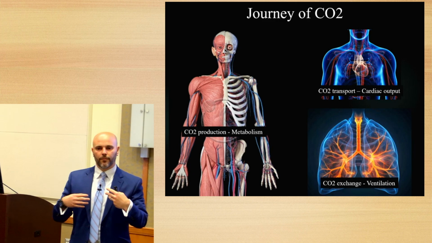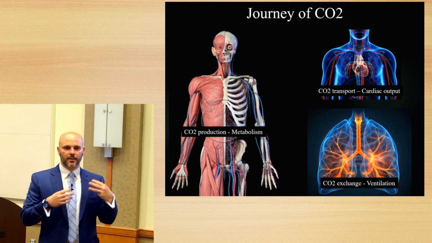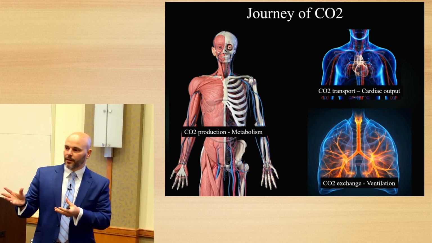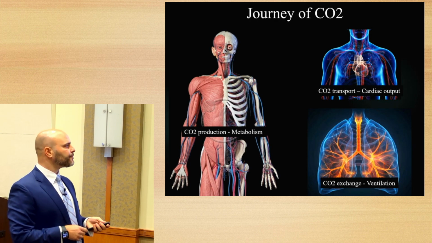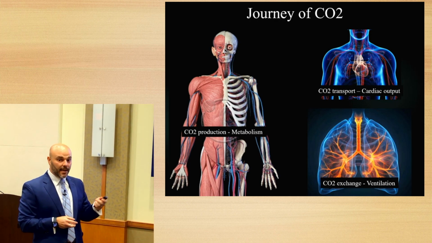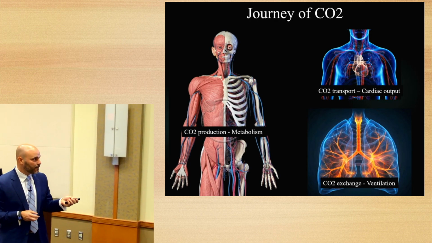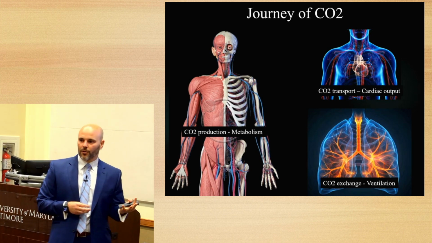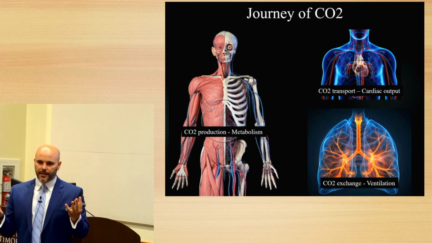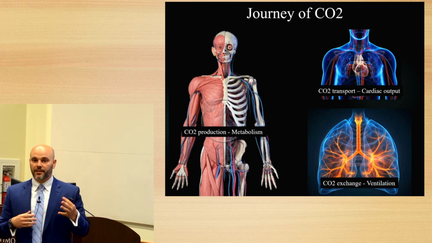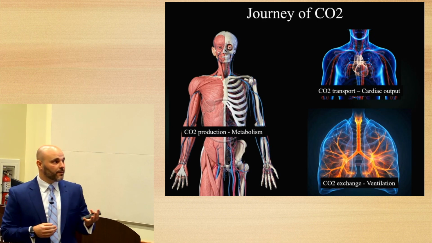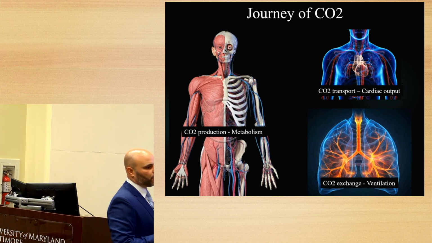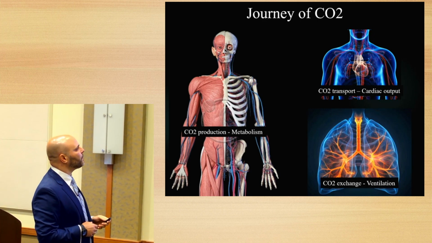And through ventilation, it's expelled through our lungs, and the CO2 that's produced is detected by the CO2 detector. Any derangement or dysfunction in any of these systems can alter the CO2 that we detect in end-tidal CO2 and can give us insight into some of the hemodynamics and lung function within the patient.